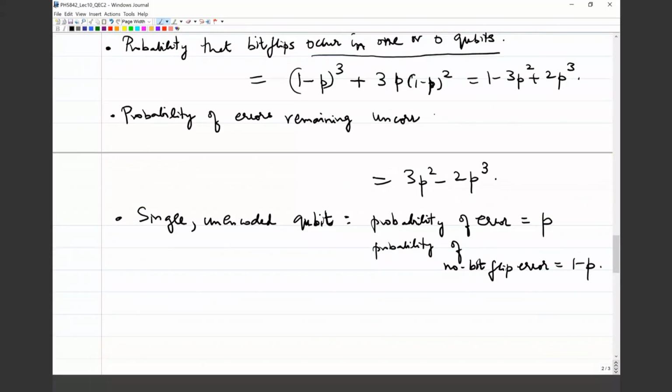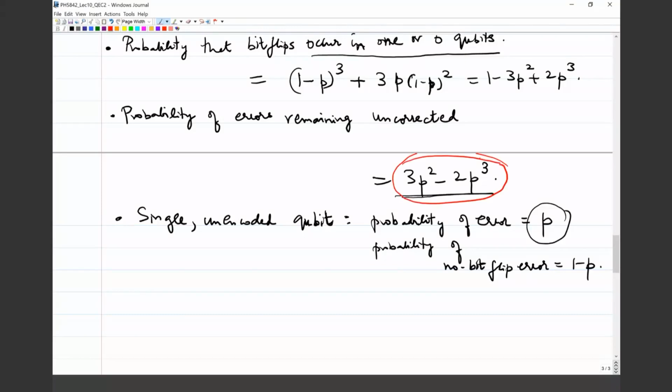After doing the whole error correction procedure, there's a certain probability for errors to remain uncorrected. So long as this compares favorably with the error probability of a single qubit, then we are fine. Do you see that the probability of something remaining uncorrected goes as 3p squared minus 2p cube?